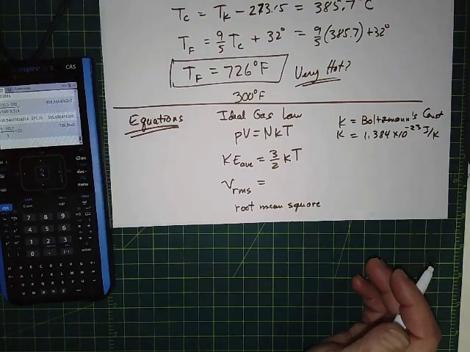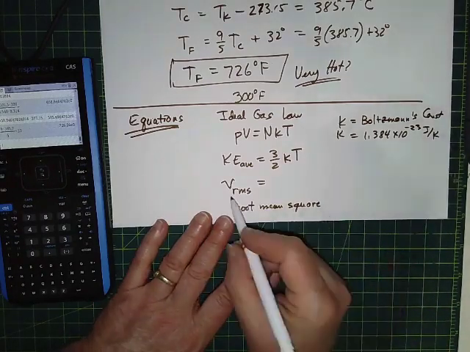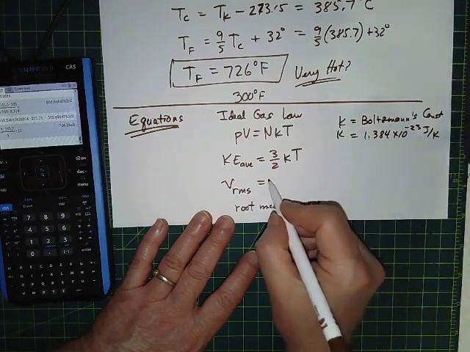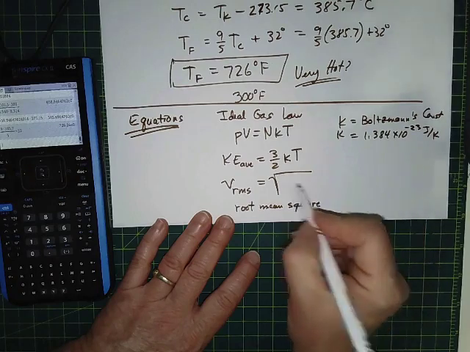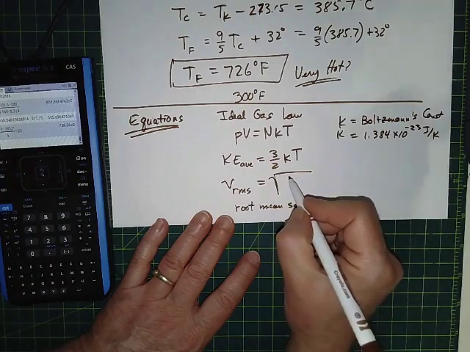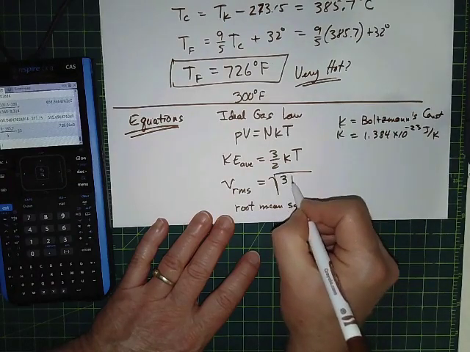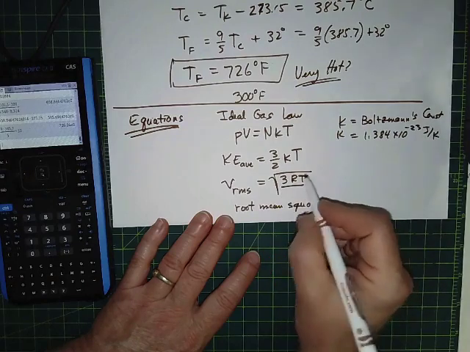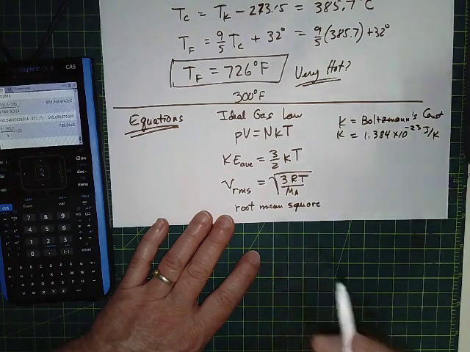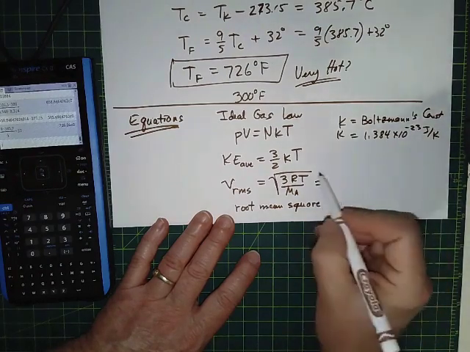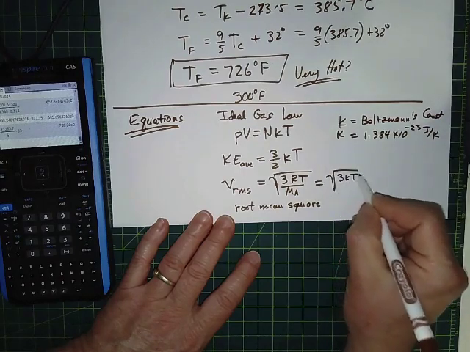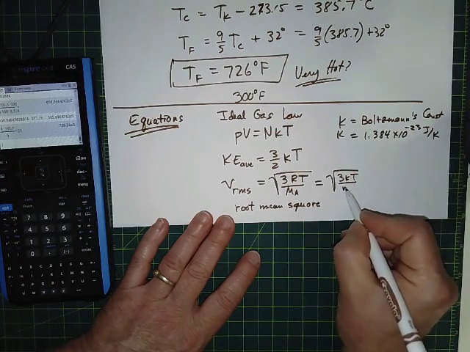So V RMS is the root mean square velocity, and basically you can think of it as an average velocity of all the little molecules bouncing around in a gas. We have two different ways to look at this. We can look at it in terms of our R constant from before, the square root of 3RT over the atomic mass, or in terms of this new Boltzmann constant, 3kT over the actual mass.